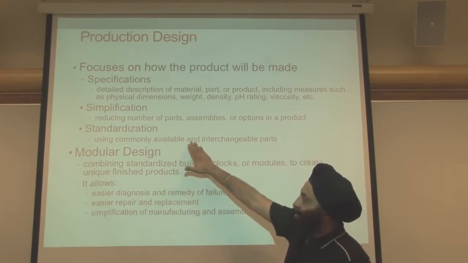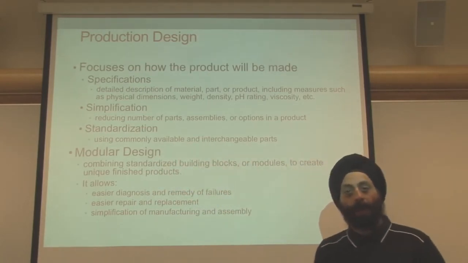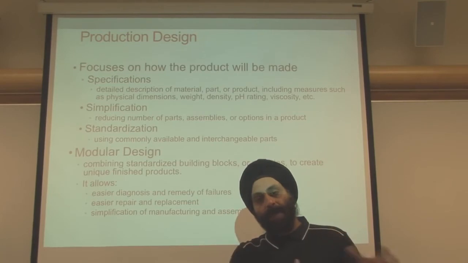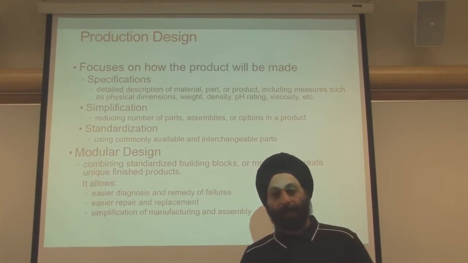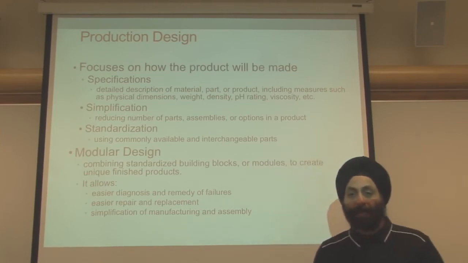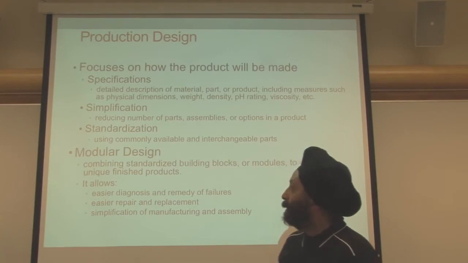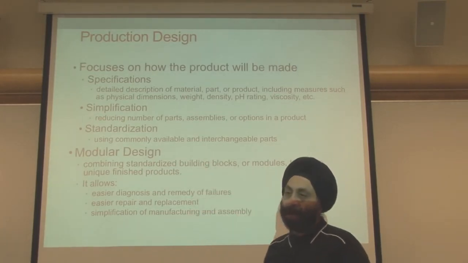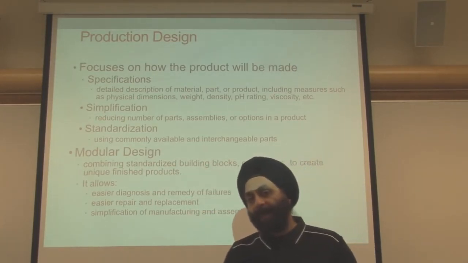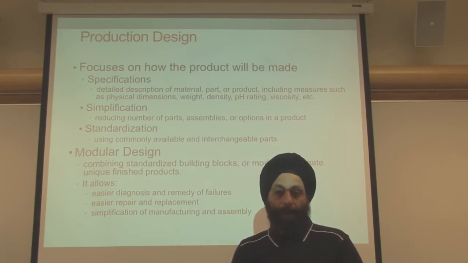Third one is standardization, using commonly available and interchangeable parts. You don't try to come up with unique parts which become pretty expensive to source, as well as unreliable inventory available for those parts. So that's why standardization is like using 8.5 by 11 sheet of paper for every single assignment that you have.